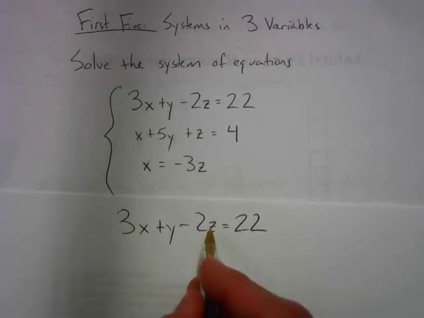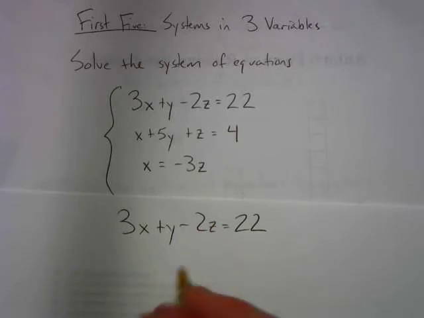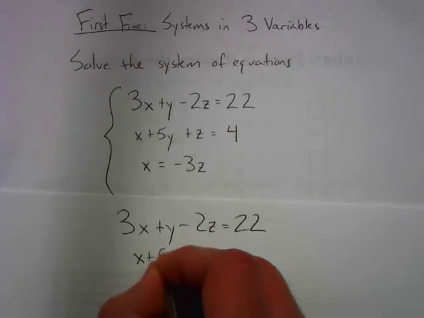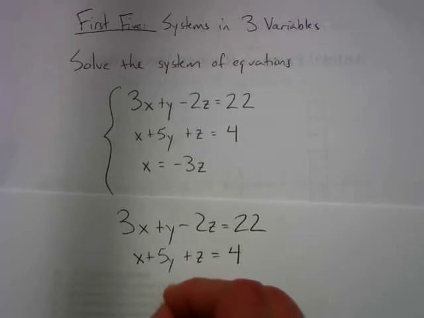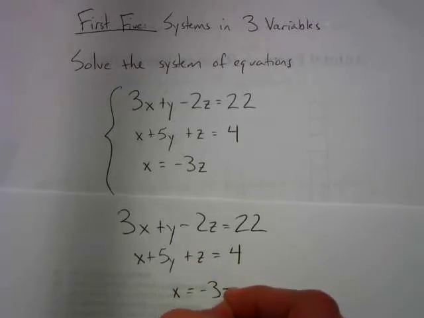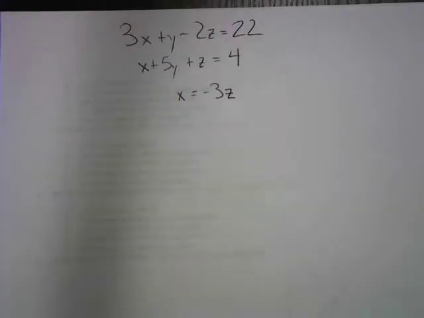Please pay attention to the difference between my z's and my 2's. My z's have a line through it, my 2's do not. Then we have x plus 5y plus z equals 4. And then finally x equals negative 3z.